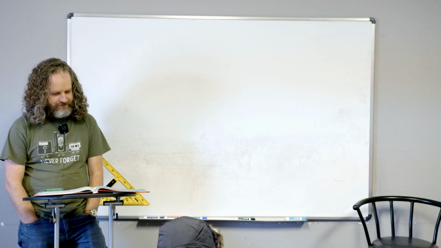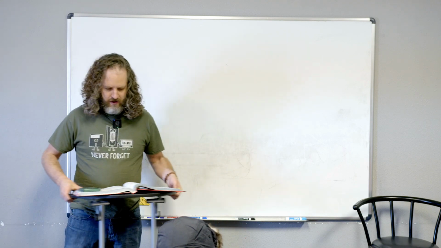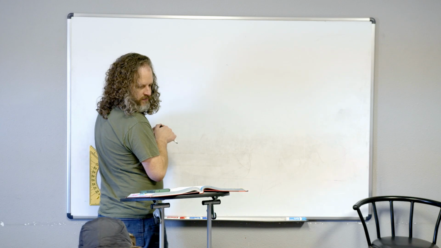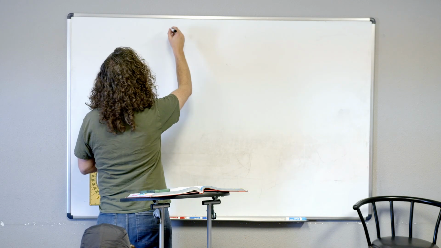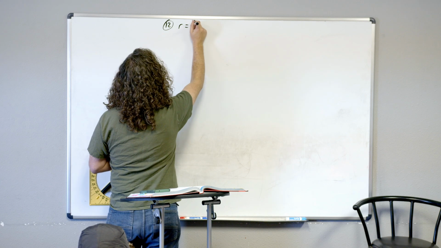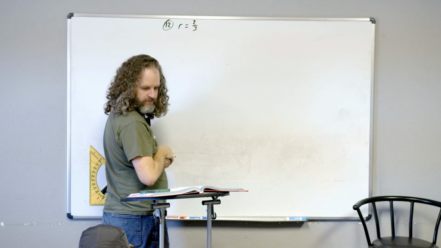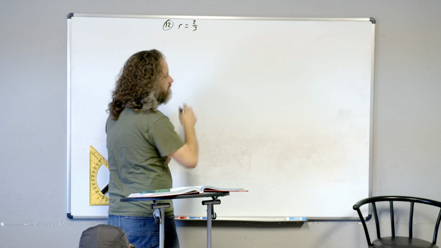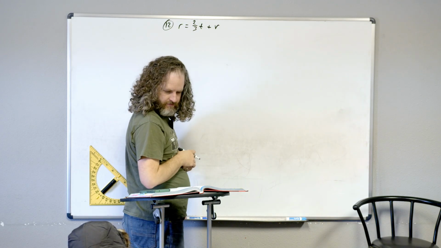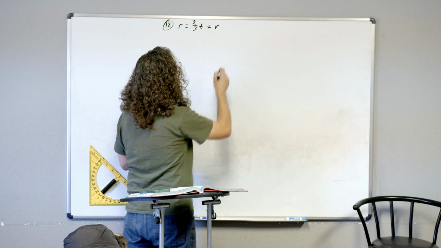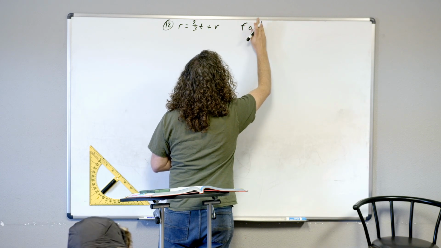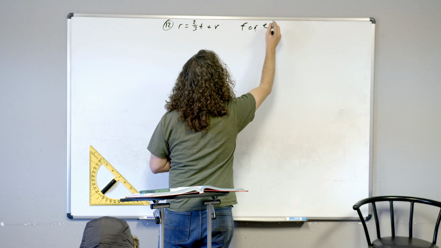12 and 22. Okay. Let's look at 12. So for 12, we have R equals 2/3 T plus V, and we're solving it for T. Okay.